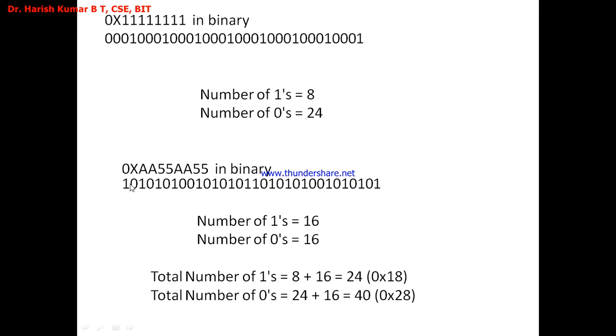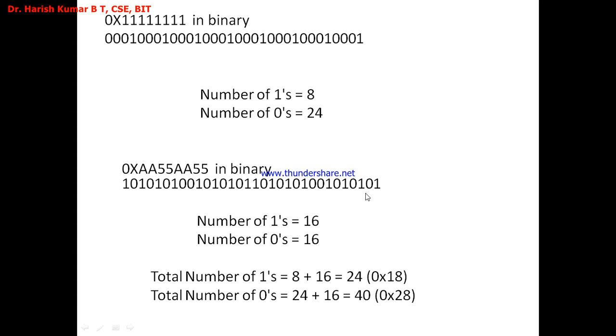So 1010 is for this A, 1010 for the second A, and 0101 is for 5, and 0101 is for the next 5.